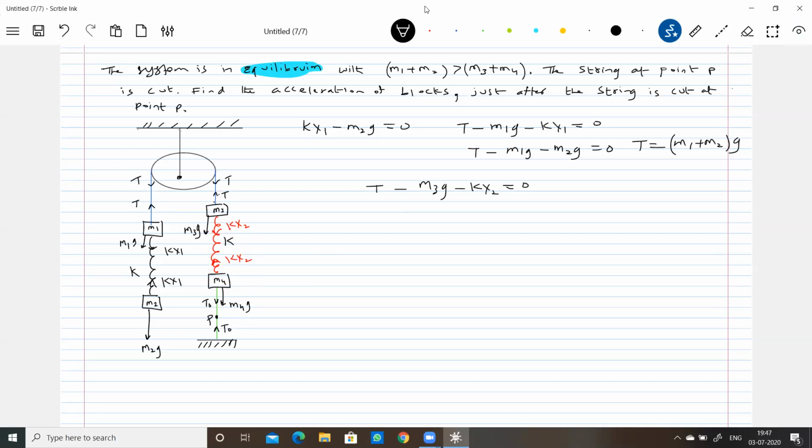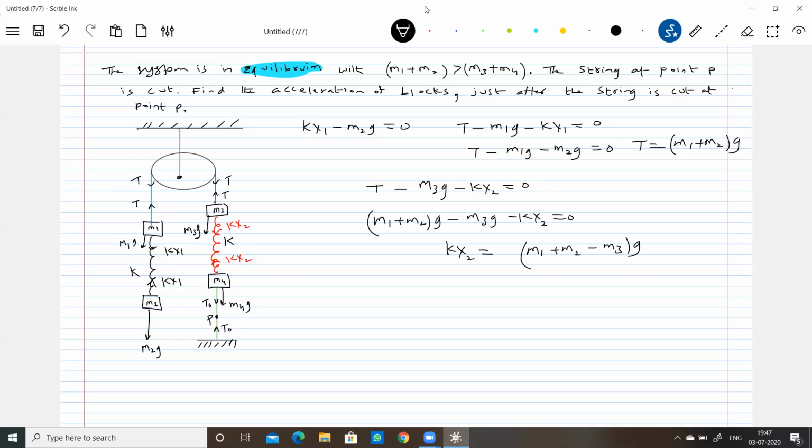Then on the block M4, what is the value of T? Now we know M1 plus M2. So we have spring force value. Kx2 is equal to how much? M1 plus M2 minus M3 into G. So it may help.